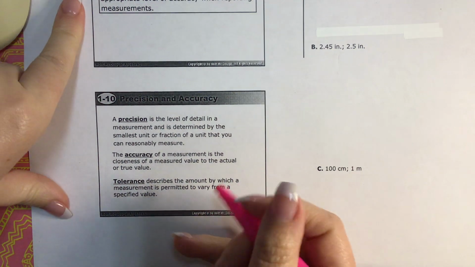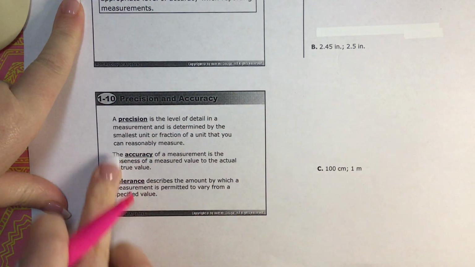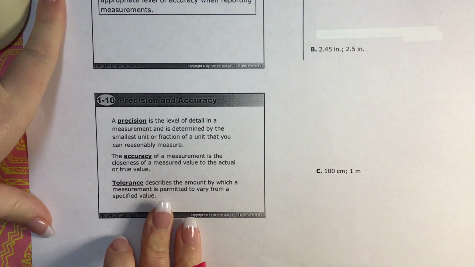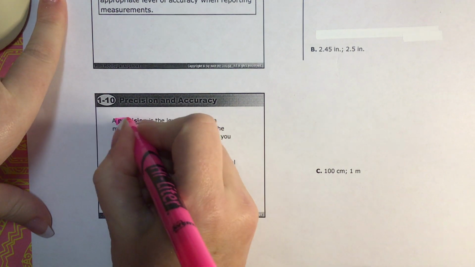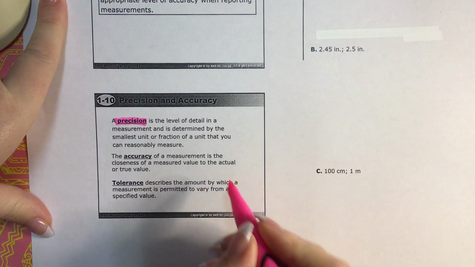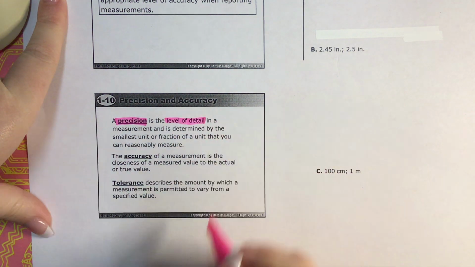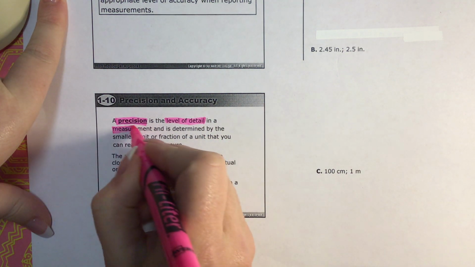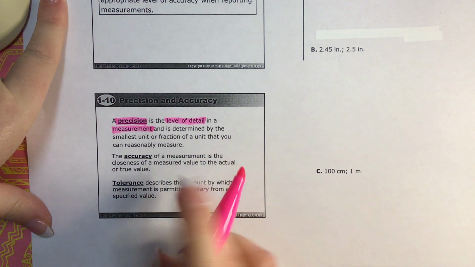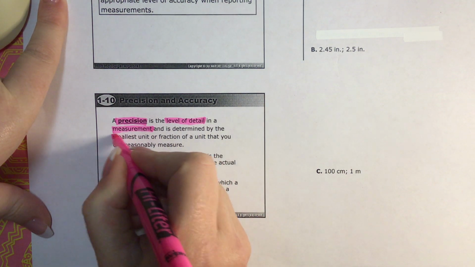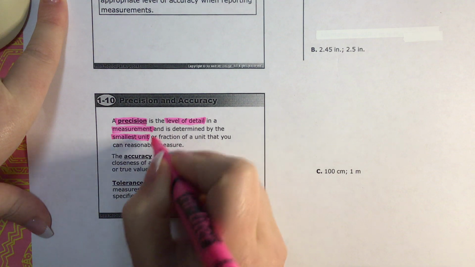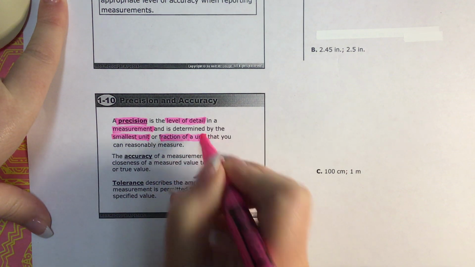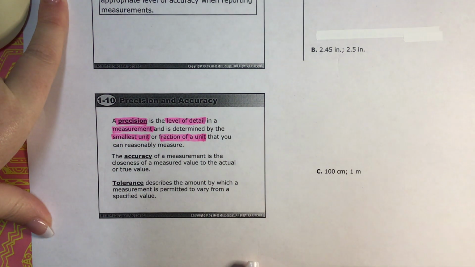I'm going to read these again, because these sound similar, but they are different. Precision is the level of detail in a measurement, and it's determined by the smallest unit or fraction of a unit that you can reasonably measure.